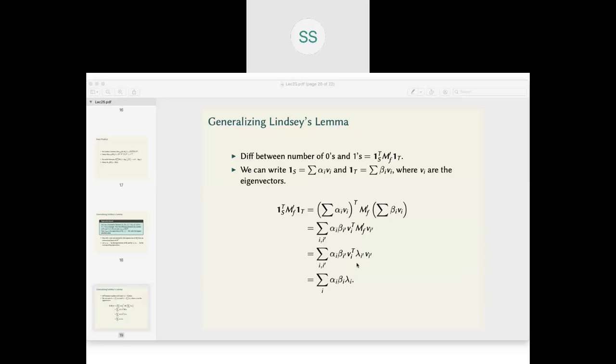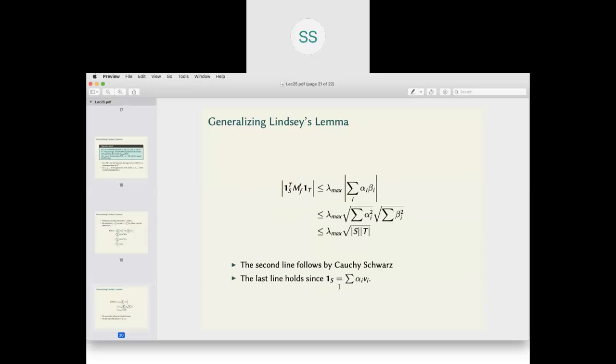But the inner product of vi and vi is equal to 1 because this is orthonormal, so the norm of each vi is also 1. So we are using all the properties of orthonormality here. So the difference between the number of plus ones and minus ones is given by this quantity, summation i, alpha i, beta i, lambda i.